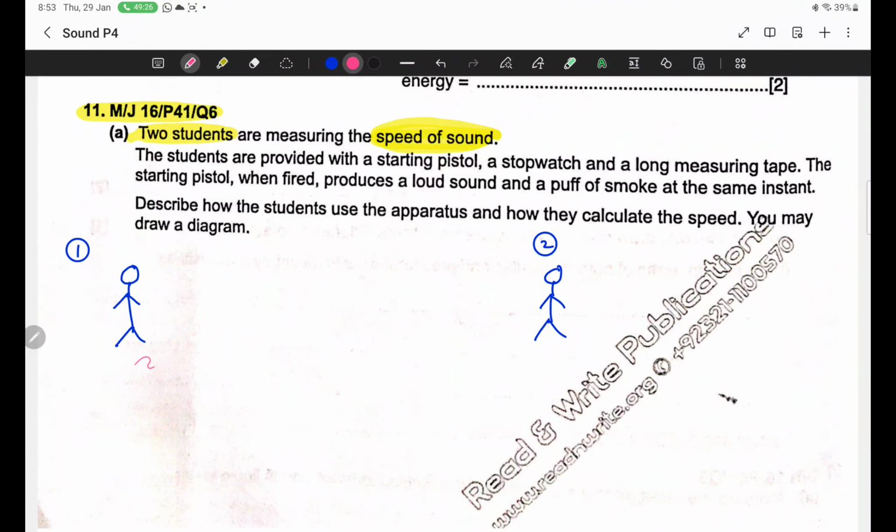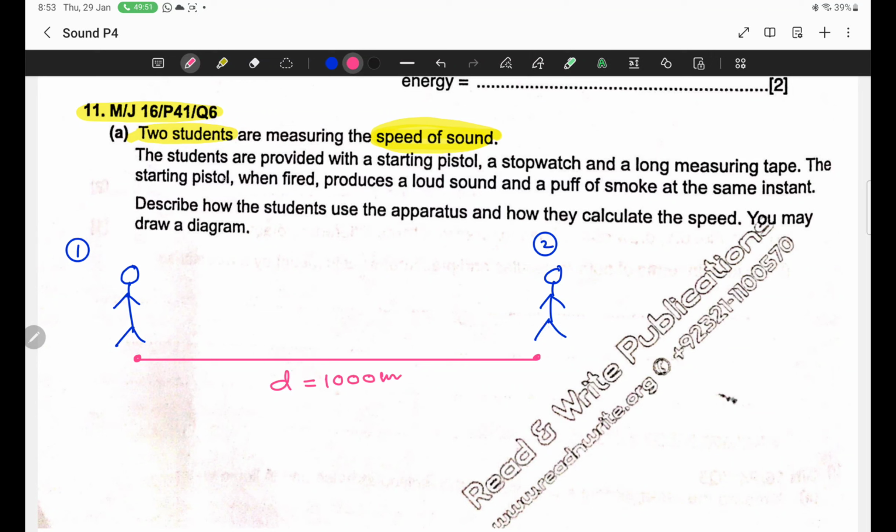These two students are in an open field, and consider the distance between them is 1000 meter. You know this distance can be measured by measuring tape. So the two students are standing at a distance of 1000 meter.